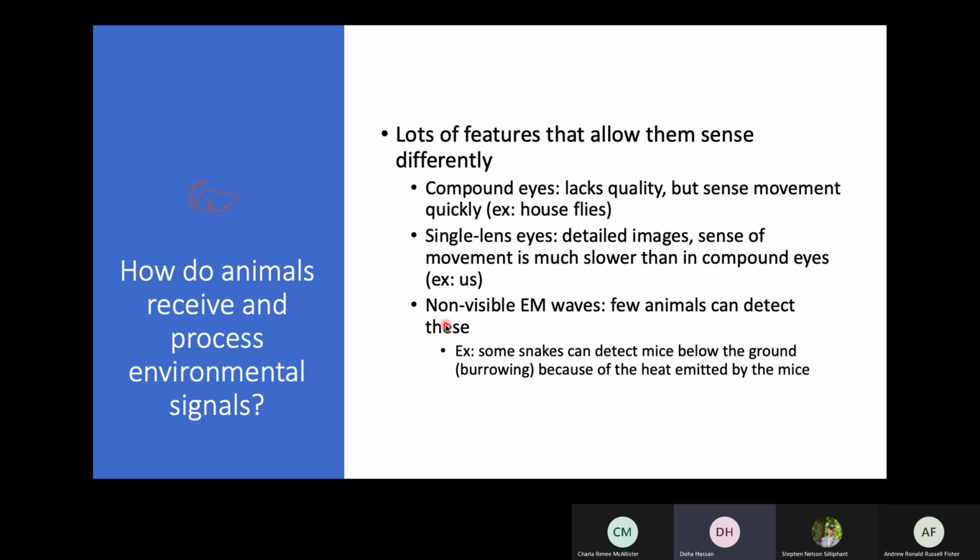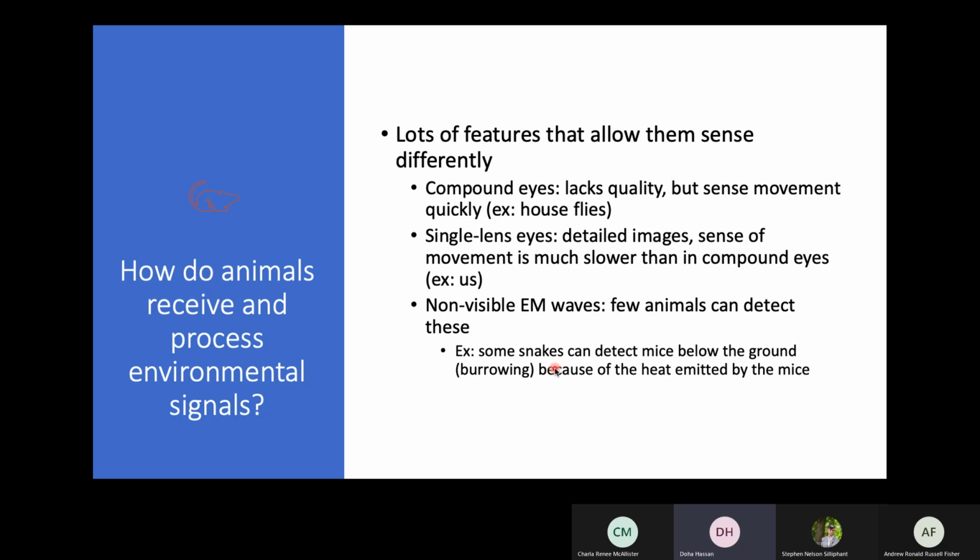And then another thing, which is kind of weird, is that there are some animals that are able to detect non-visible electromagnetic waves. This is actually quite rare, but there are some animals that can do this. One notable example would be certain snakes. Certain snakes can detect mice as they run below the ground. So let's say the snake is slithering on the dirt, and somewhere underground there's a mouse running around under the dirt, if that even makes any sense.